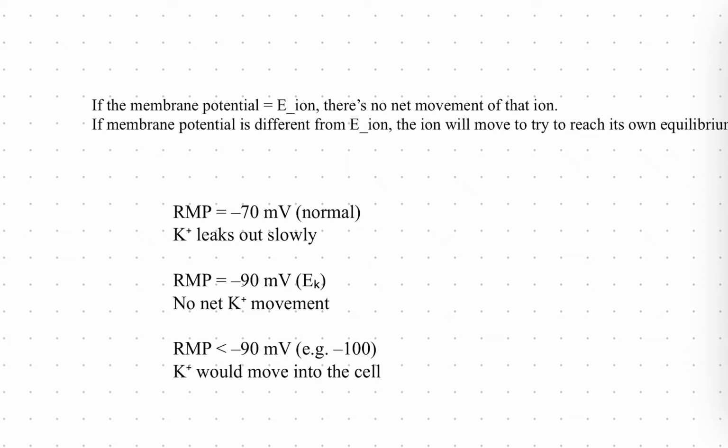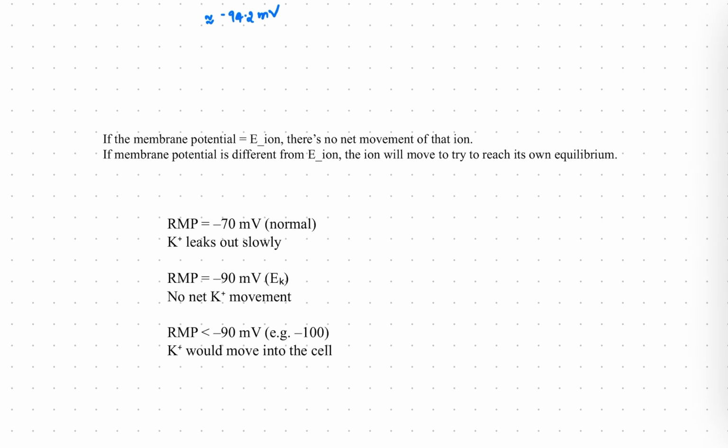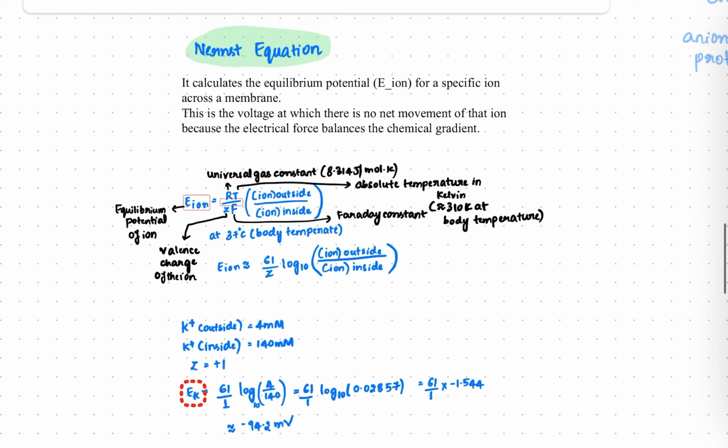If the resting membrane potential is minus 90, almost equal to the potassium equilibrium potential, then there is no net movement because it is equalized. When the resting membrane potential is more negative than the potassium equilibrium potential, say minus 100, then potassium will move inside the cell and gain positive charge, so it will go from minus 100 to minus 90, becoming less negative or more positive.